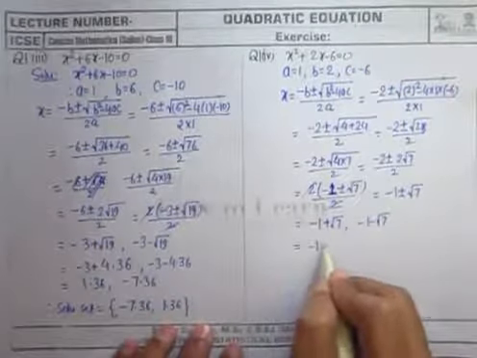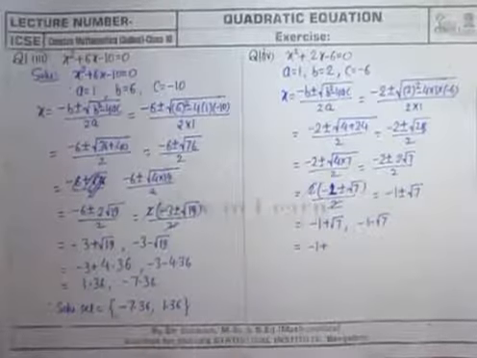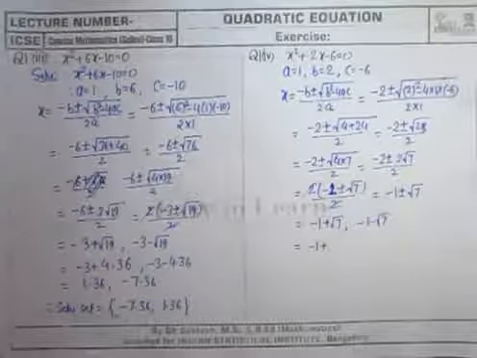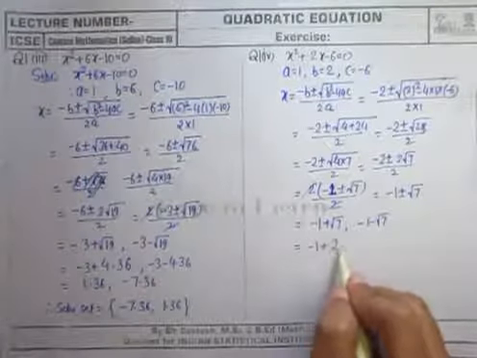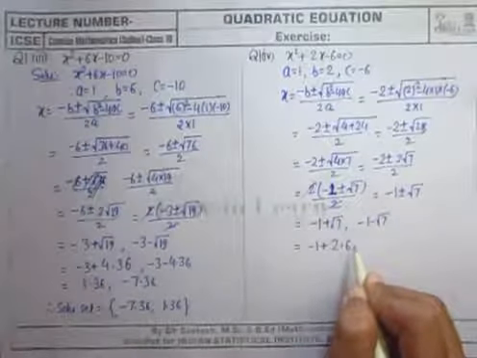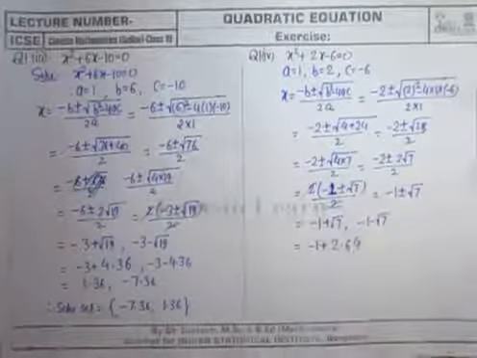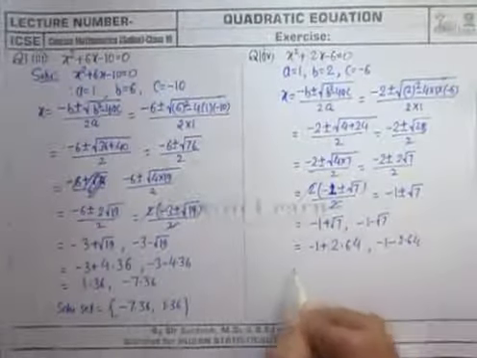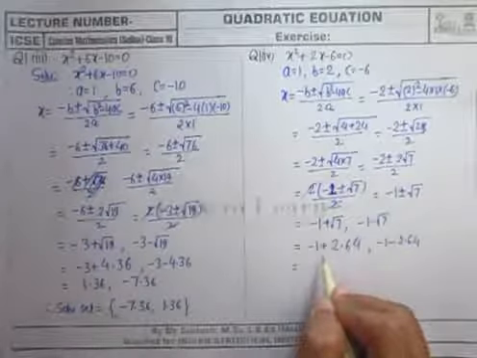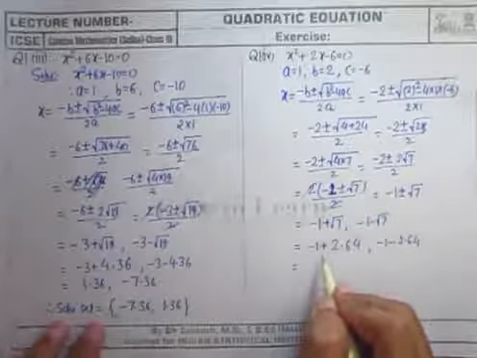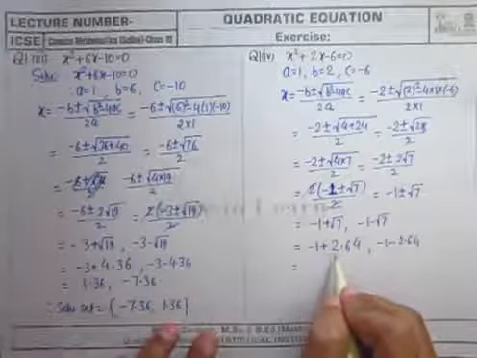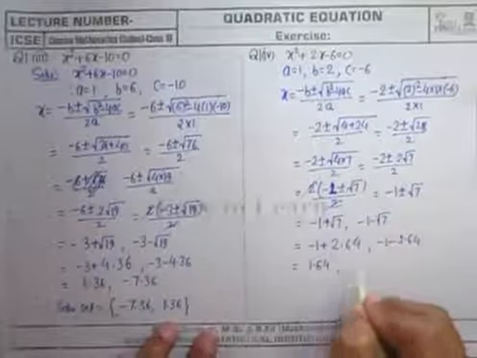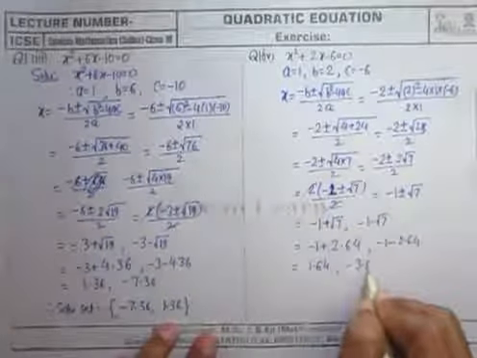So minus 1 plus root 7. The value of root 7 will be 2.64. So minus 1 plus 2.64 and minus 1 minus 2.64. Now subtracting here, this value will be 1.64 and this value will be minus 3.64.